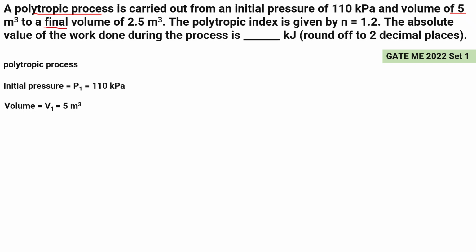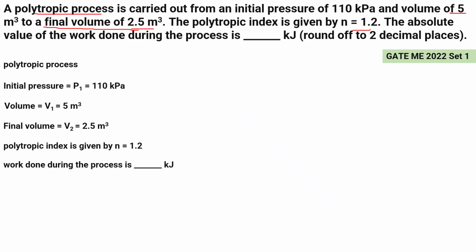And also given the final volume, let's consider V2 is the final volume and its value is 2.5 meter cube. And also given the polytropic index, let's consider small n is the polytropic index, then n equal to 1.2. So then we have to find out the work done during the process.